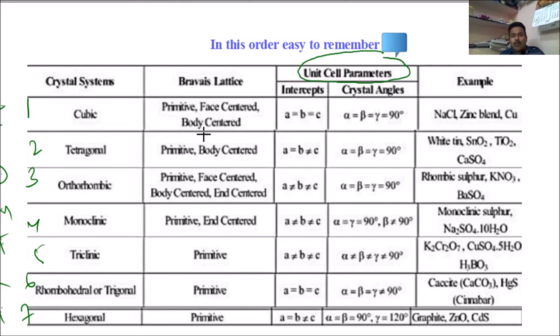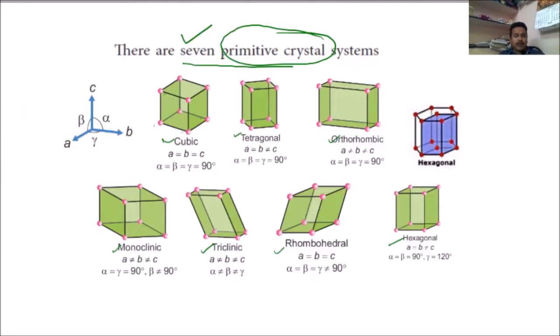See here, why I am following this order. A is equal to B is equal to C, and alpha, beta, gamma are equal to 90, that is coming under cubic. See here, cubic means all the lengths are equal and wherever you see, angles are 90.